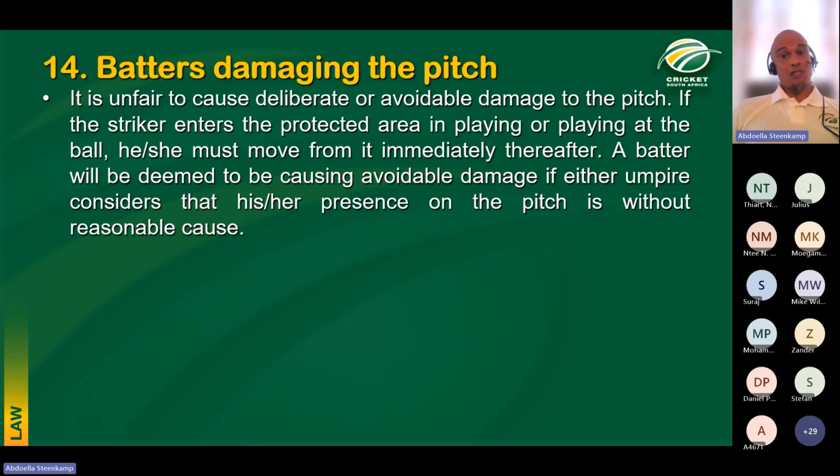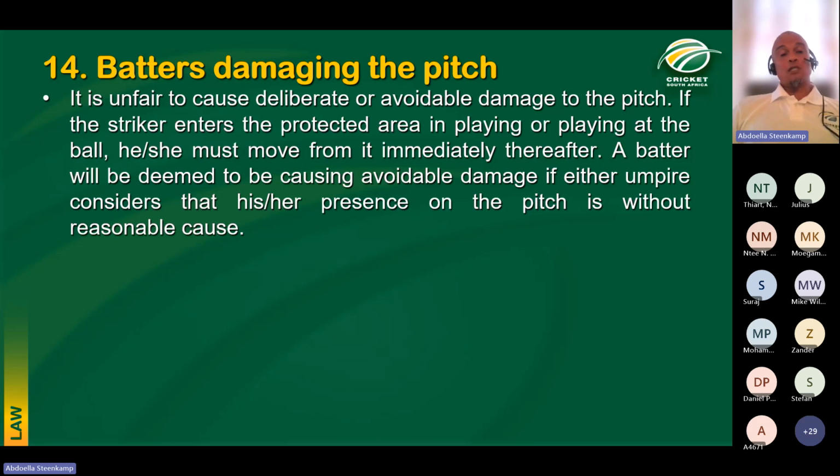And here the law mentions the pitch and not just the protected area. Although, yes, the protected area, we need to protect it. But here, when it comes to batters, it's unfair for them to cause deliberate or avoidable damage to the pitch and not just the protected area.